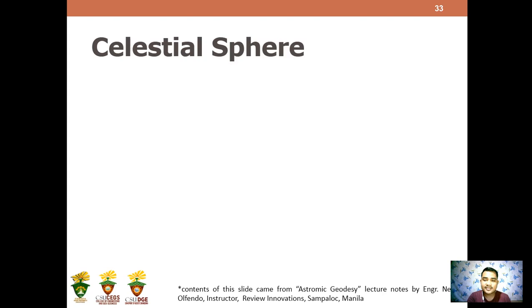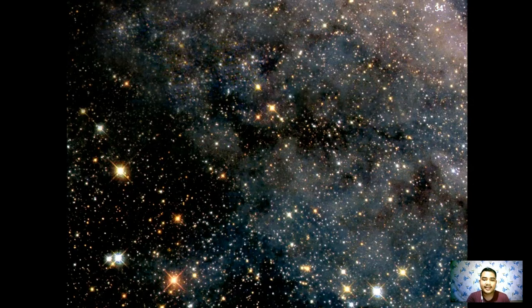The celestial sphere, balik tani nga figure from your previous subject in astronomy, in GE 101 or in astronomy subject. So sa new curriculum kay wala naman sila astronomy, so sa GE 101. So we have here a point, kanang red.